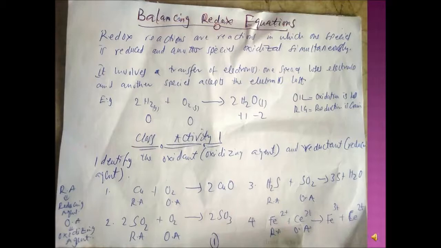If you look at this, two molecules of hydrogen plus one molecule of oxygen give us two molecules of water. The oxidation number of hydrogen here is 0 and that of oxygen is 0, and then in the product, that of hydrogen is +1 and that of oxygen is -2.